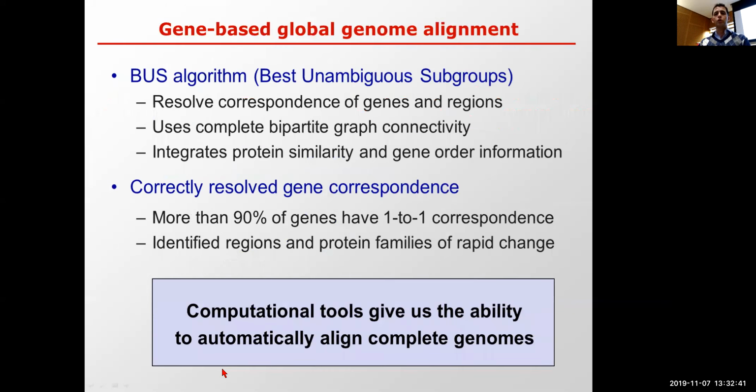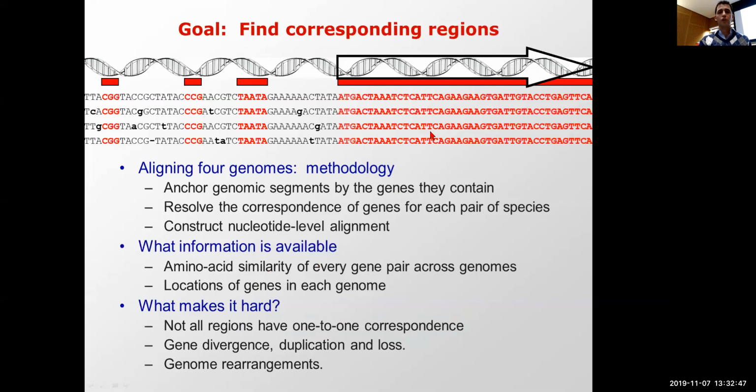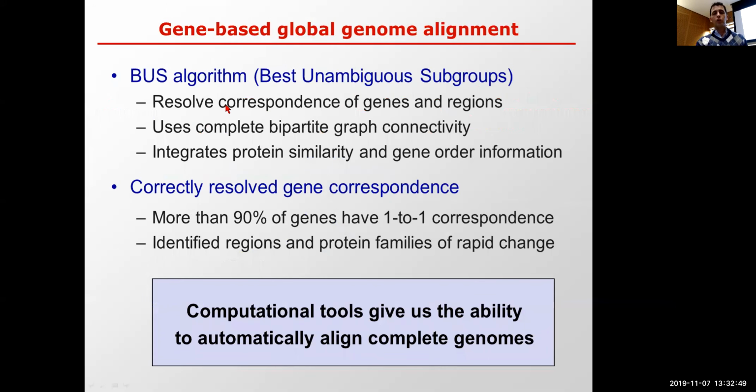So what you'd like to do is find subgroups of regions that you know should be aligned together, even if they're not one-to-one. And that's what this BUS algorithm does, this best unambiguous subgroups algorithm. It seeks to find the correspondence of both genes and regions using the complete bipartite graph connectivity between any pair of genomes and integrating both protein similarity and gene order information.